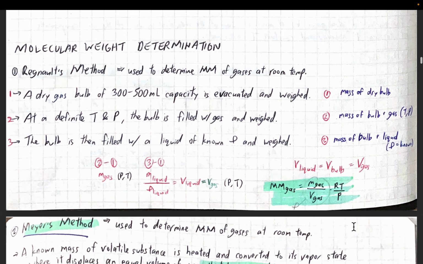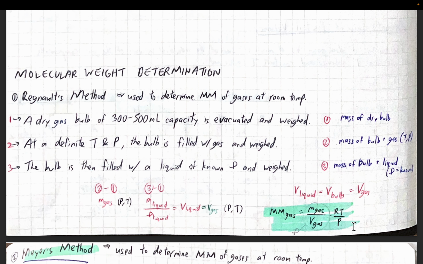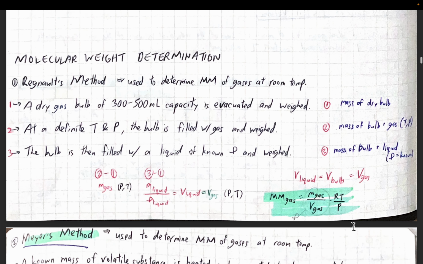So yeah, I won't do the derivation anymore, but it's important that I've mentioned it to you. You could do it on your own. PV equals nRT, such that n could be rewritten as m over molar mass, capital M.